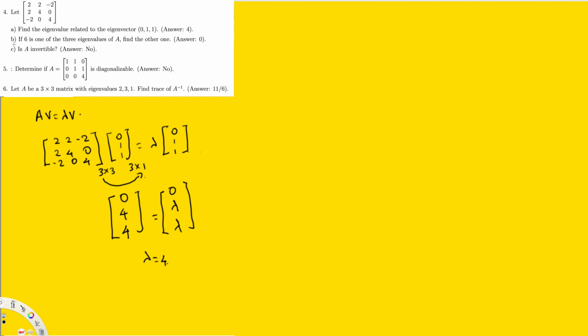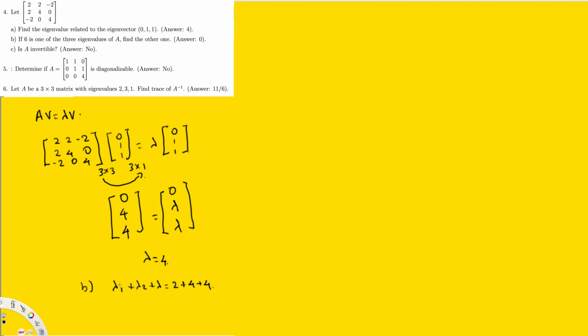And the second question is asking: if 6 is one of the 3 eigenvalues of A, find the other one. So in this case we have to know one more thing: the sum of eigenvalues is equal to the trace of this matrix. So lambda 1 plus lambda 2 plus lambda 3 should give us 2 plus 4 plus 4.